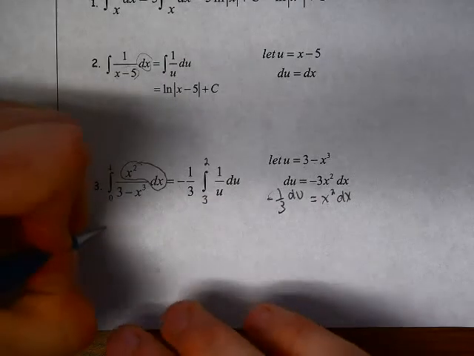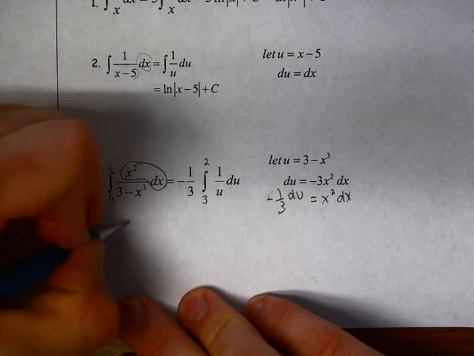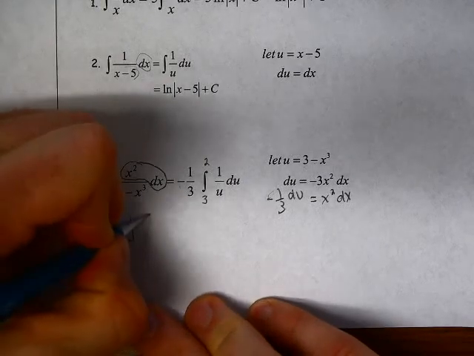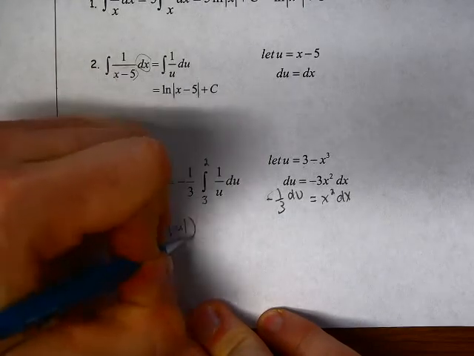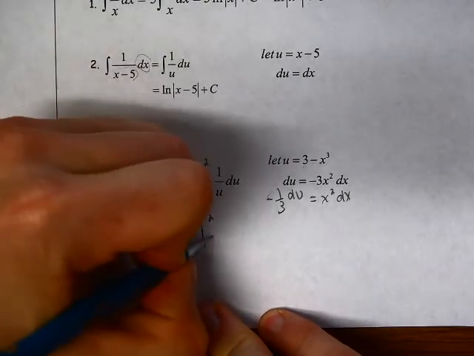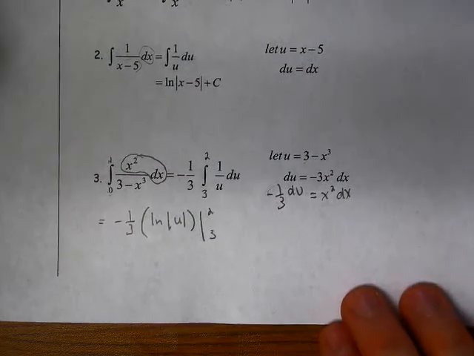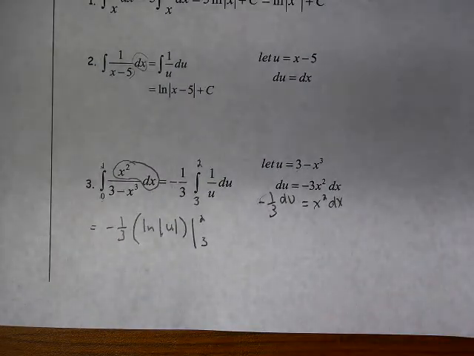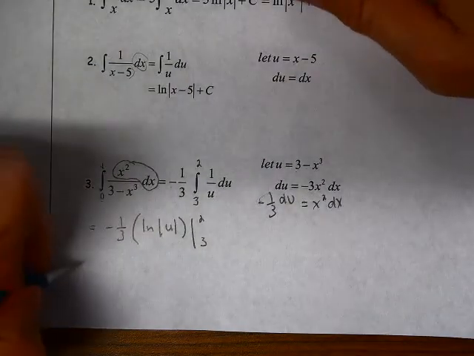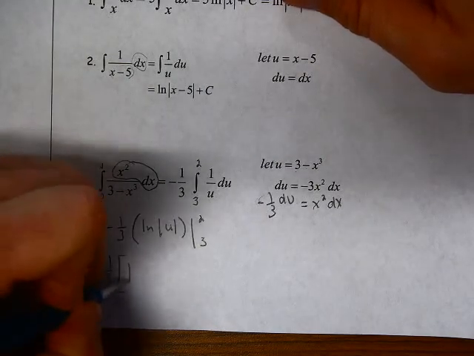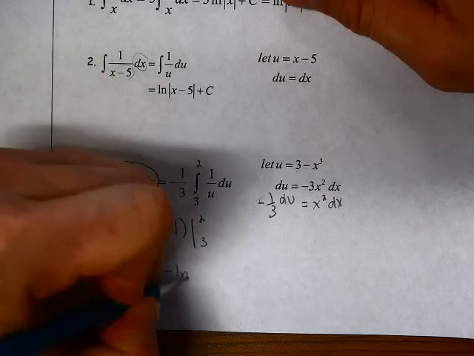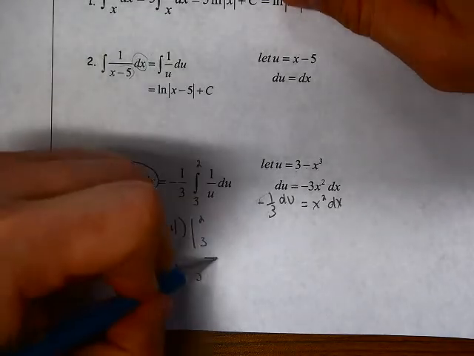So when I do this integration, I have my negative 1/3 times natural log of the absolute value of u evaluated from 2 to 3. Alright, so that is negative 1/3 times ln of 2 minus ln of 3.